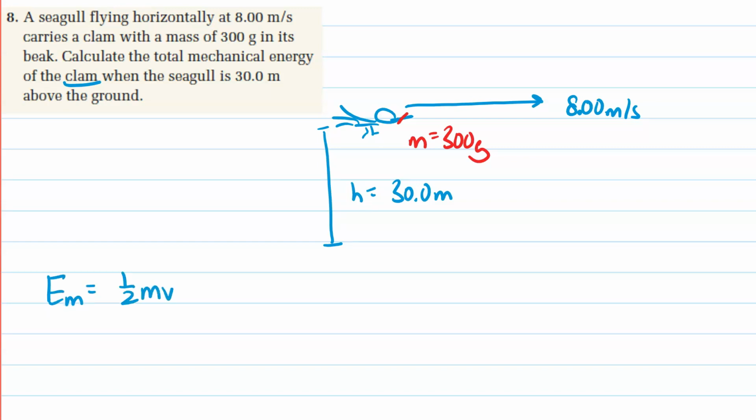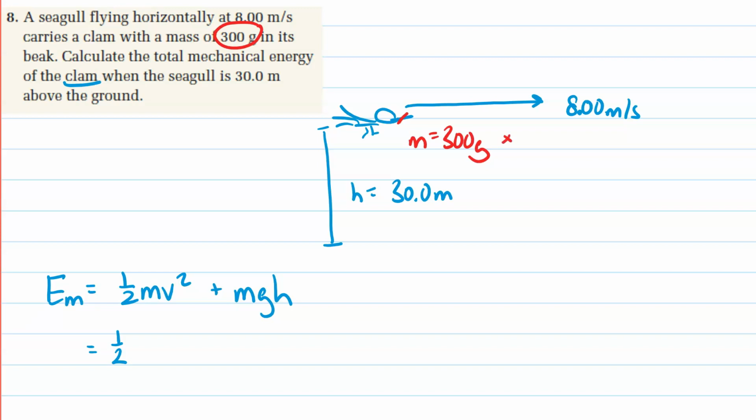1/2 mv squared plus m times g times h. We will start plugging in our numbers. 1/2, and here, watch out. This 300 is 300 grams. We're going to need to convert that into kilograms, because kilograms is that standard unit for mass.